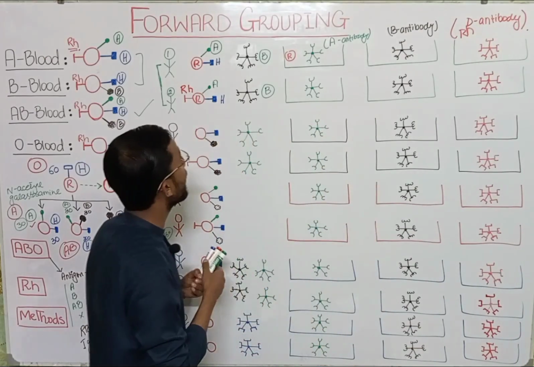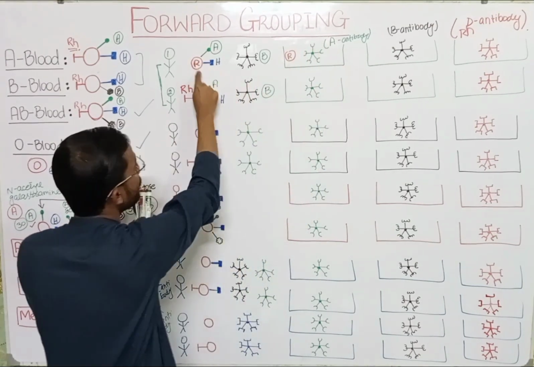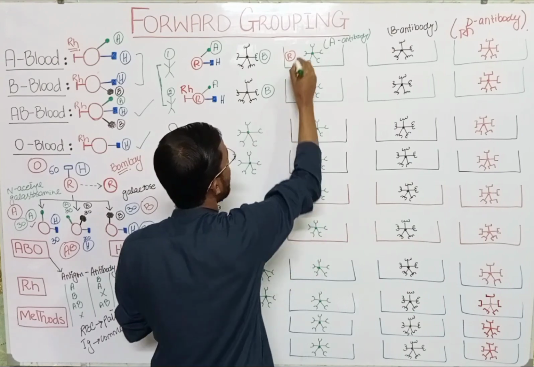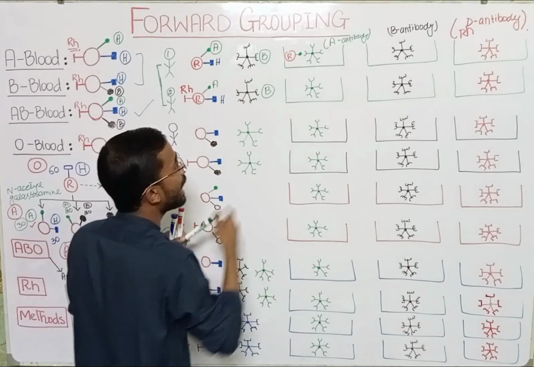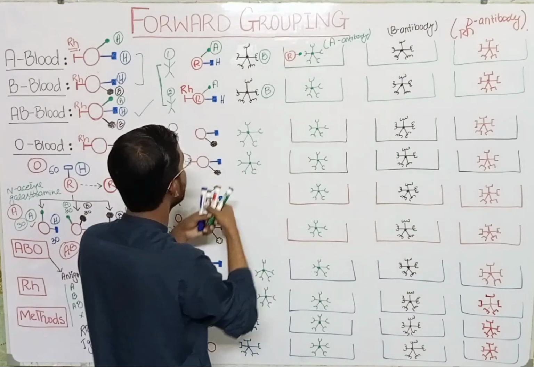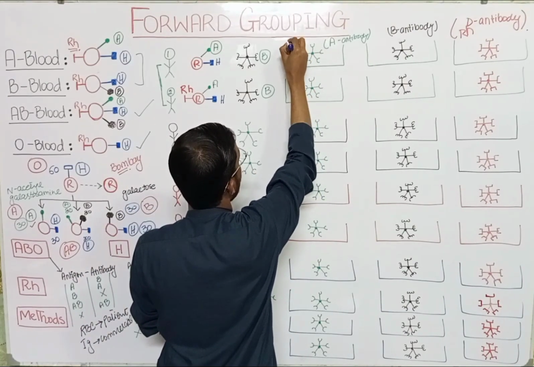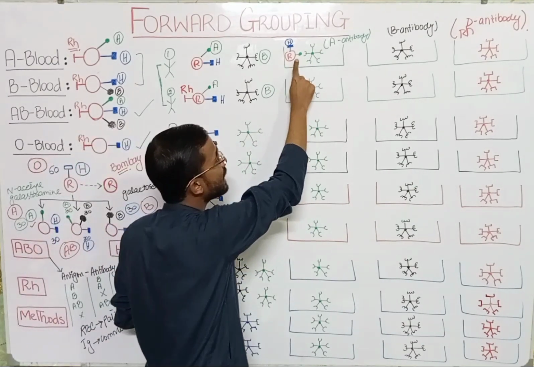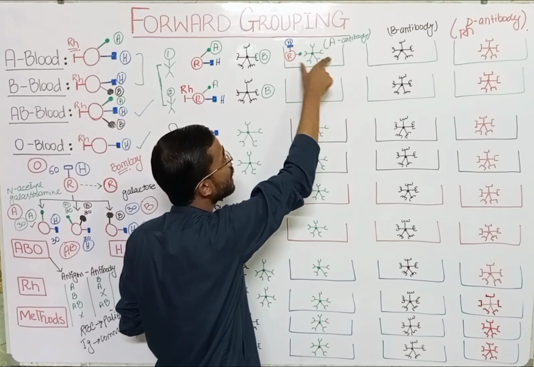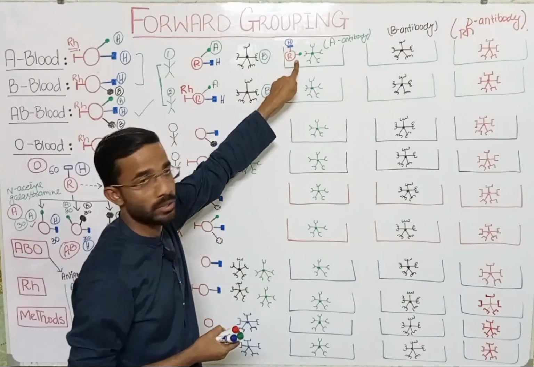So same here, here is the A antibody, and as you know, this RBC has A antigen and they fit, and it has another antigen which is called H. So if the A antigen and A antibody combine, in that situation you will see the agglutination.